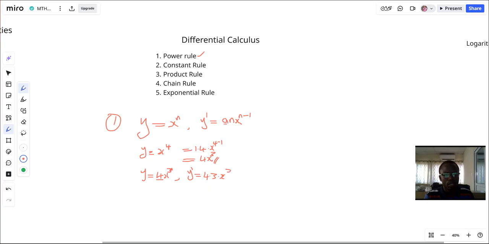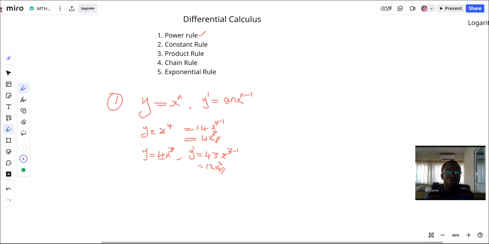That is, the power is 3 minus 1, which equals 12x squared. So this is how the power rule works.